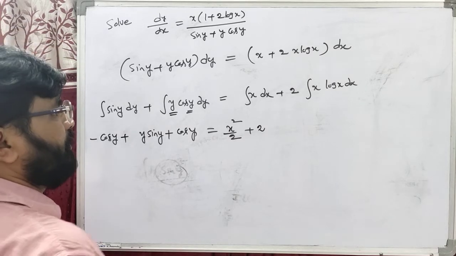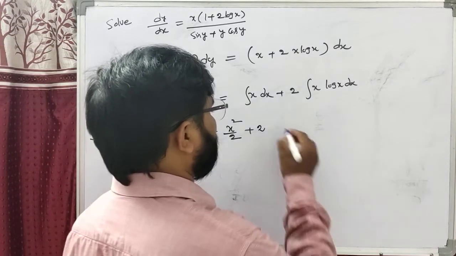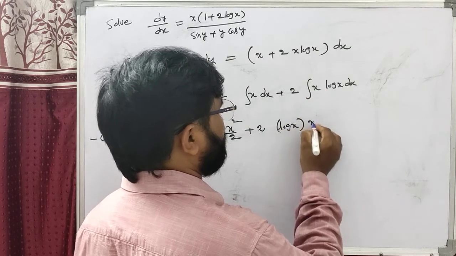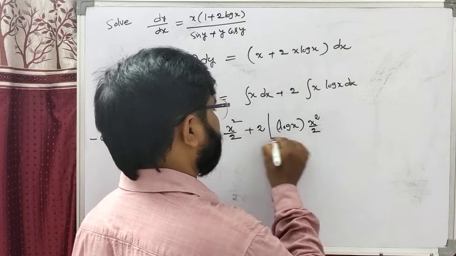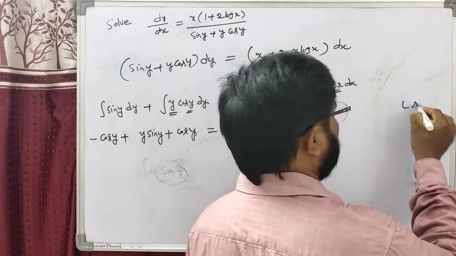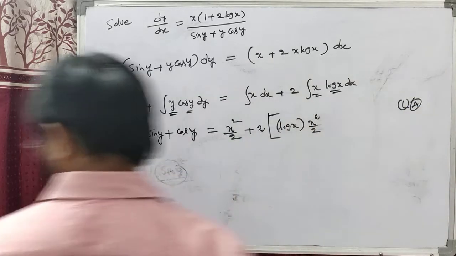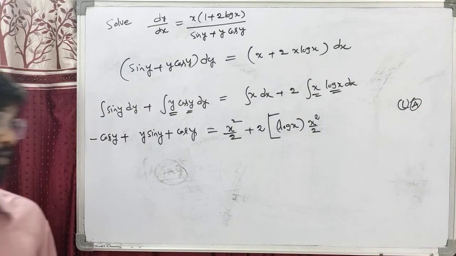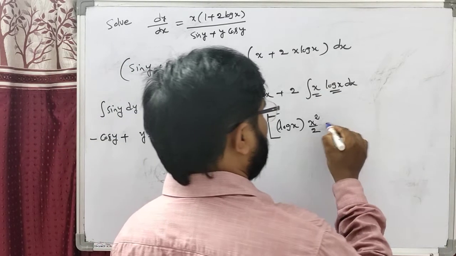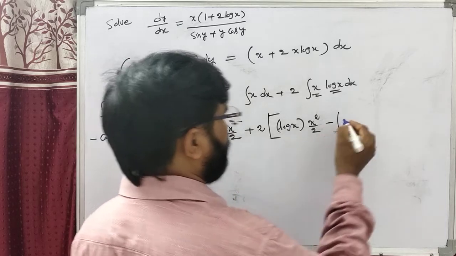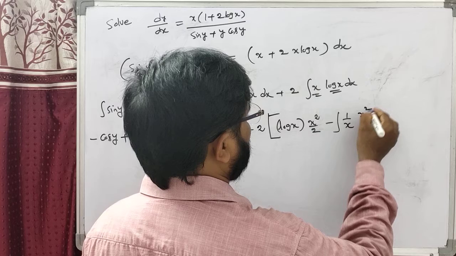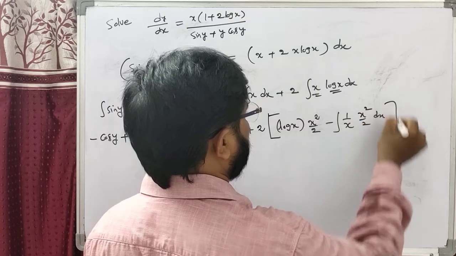First you can write log x, and the integral of x is x square by 2. This is u, this is v. I let, logarithm is the first, algebra is the second. Dear students, what is the next one? First you can take log x, the integral of x is this one. Now students, we can write the derivative of log x is 1 by x, and the integral of x is x square by 2, whole of dx.